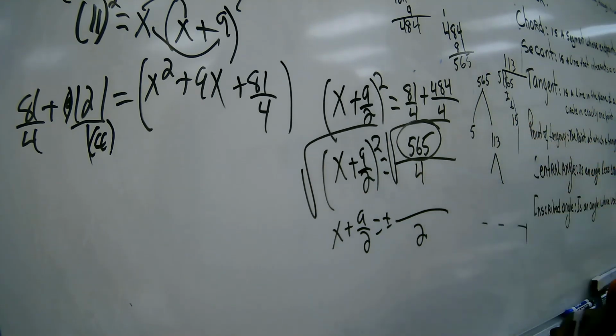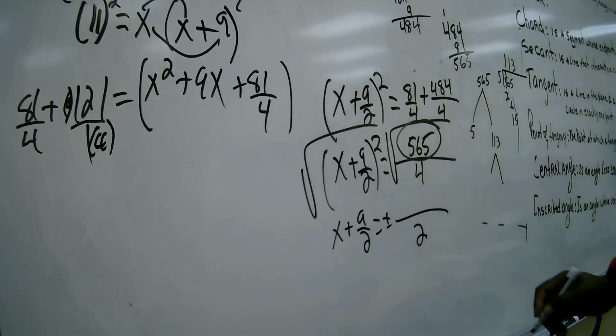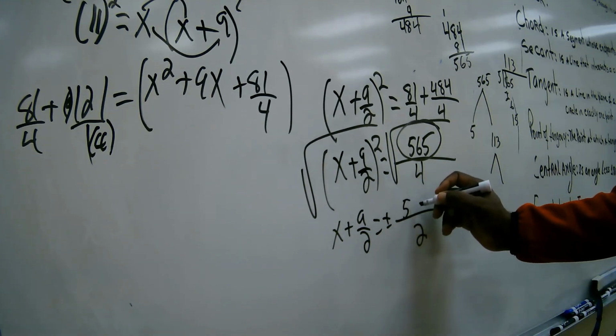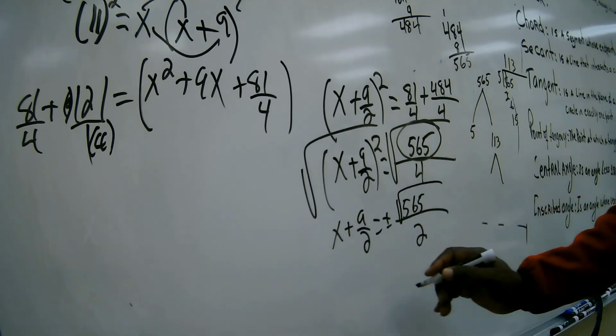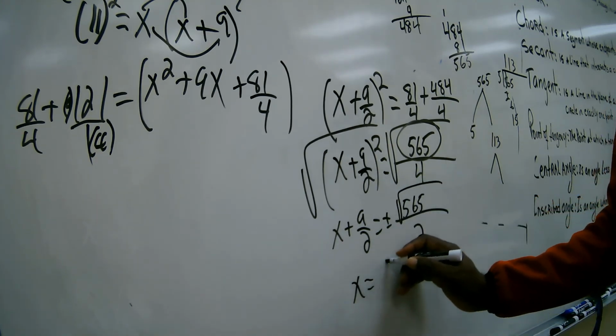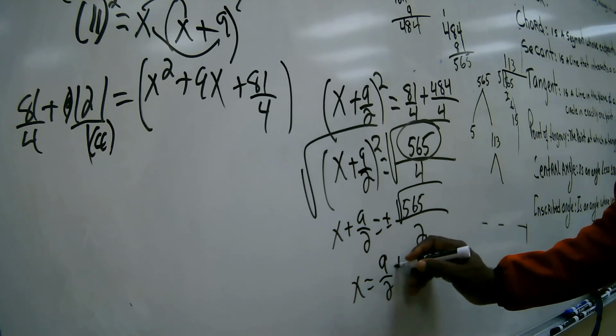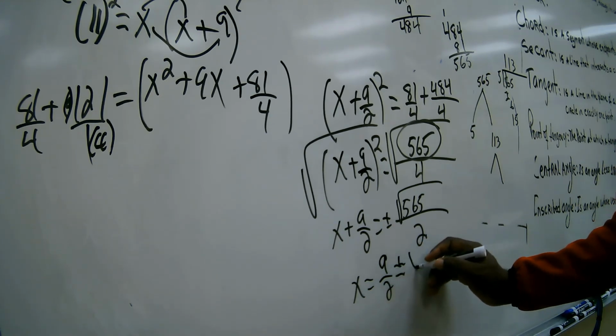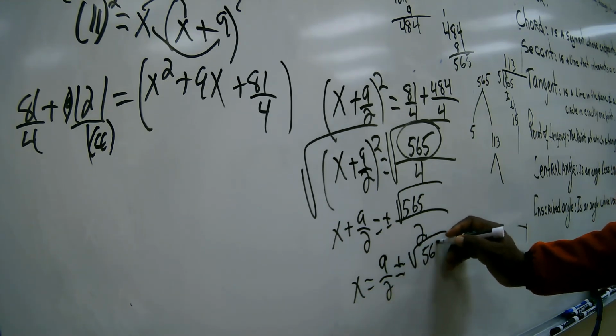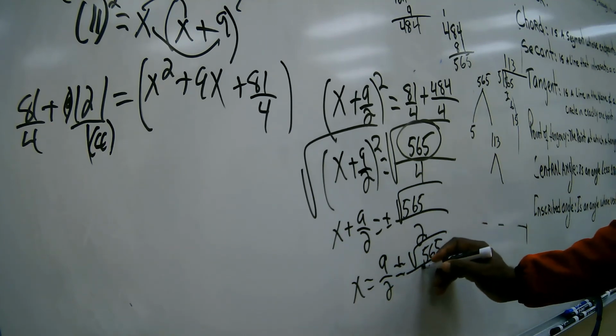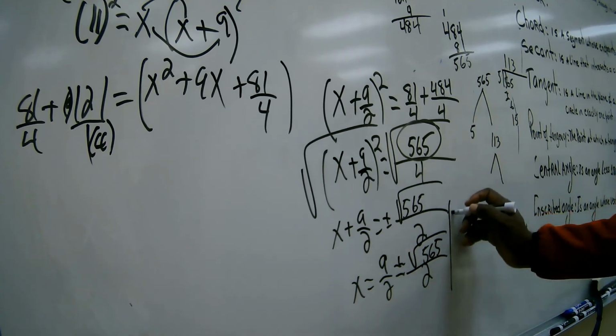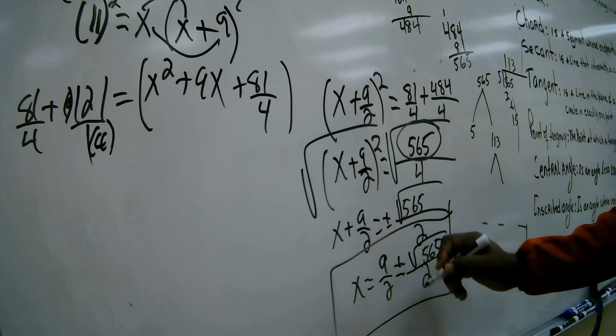Is there anything you can do with 113? Not quite. In this case, that will give you the square root of 565. Then you will have x equal negative 9/2 plus or minus the square root of 565 over 2, and that will be your final answer unless you change that to a decimal.